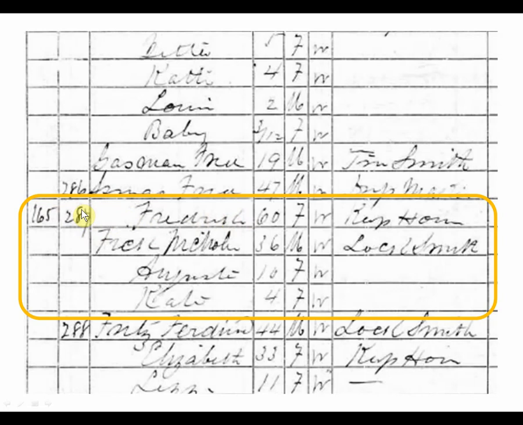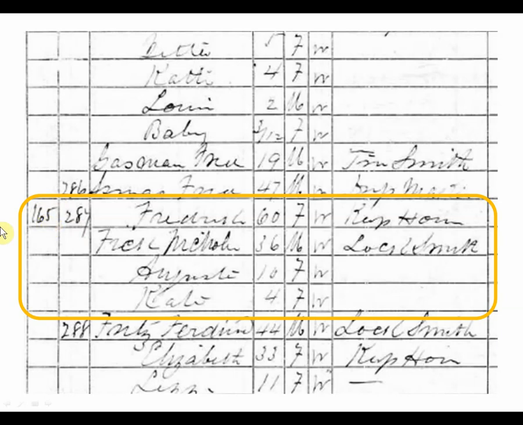These numbers here are dwelling 165, that 165th dwelling that the census enumerator visited, the 287th family that he interviewed in those 165 dwellings.